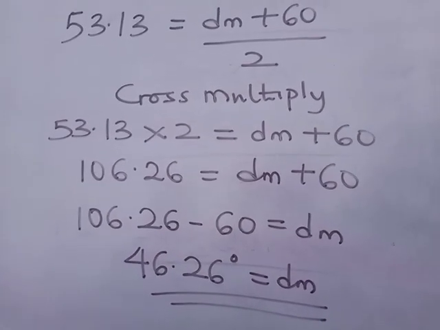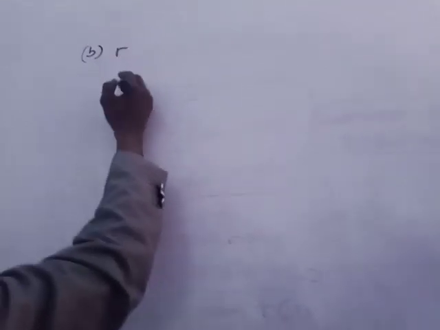That's the minimum deviation. Now the big question, we want to find the angle of refraction of the light. So B now, the angle of refraction. We want to get R, angle of refraction.